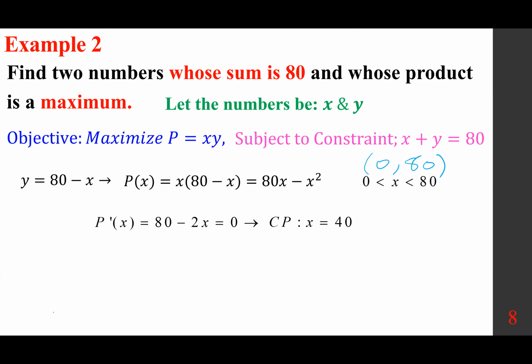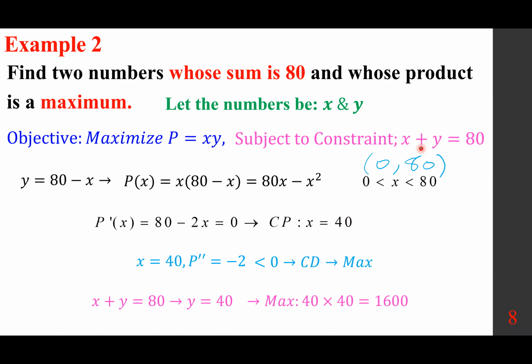P double prime is negative 2. A negative value means concave down, and it means maximum. So the maximum occurs when x is 40. If x is 40 and the sum is 80, both of them must be 40. And what about the product? The maximum product is 1,600.